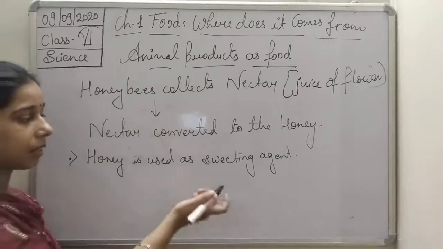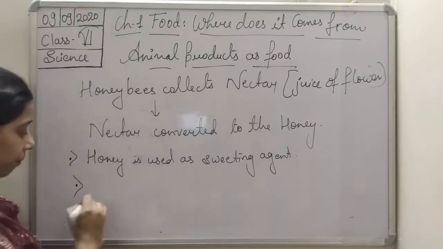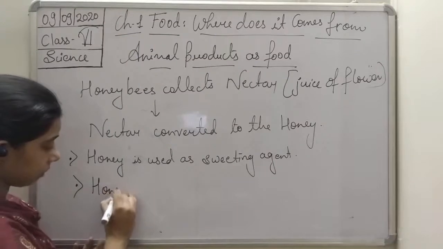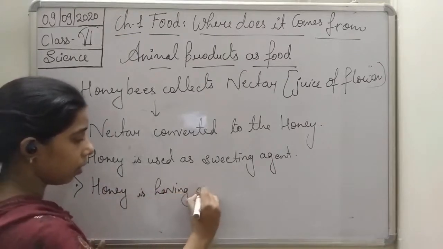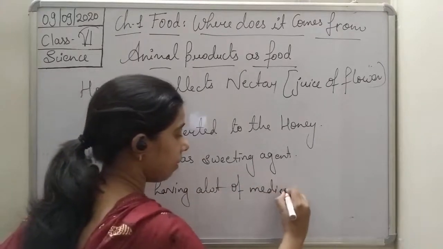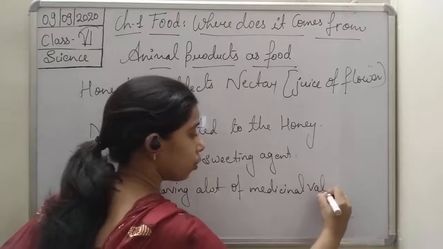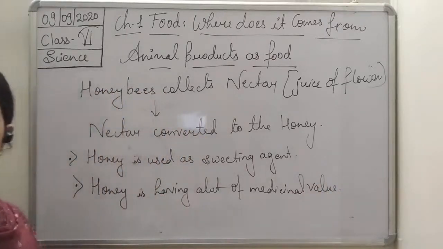So we can say that it is a kind of sweetening agent. Then honey has a lot of medicinal value, so it is used for medicinal purposes. This is the honeybee.